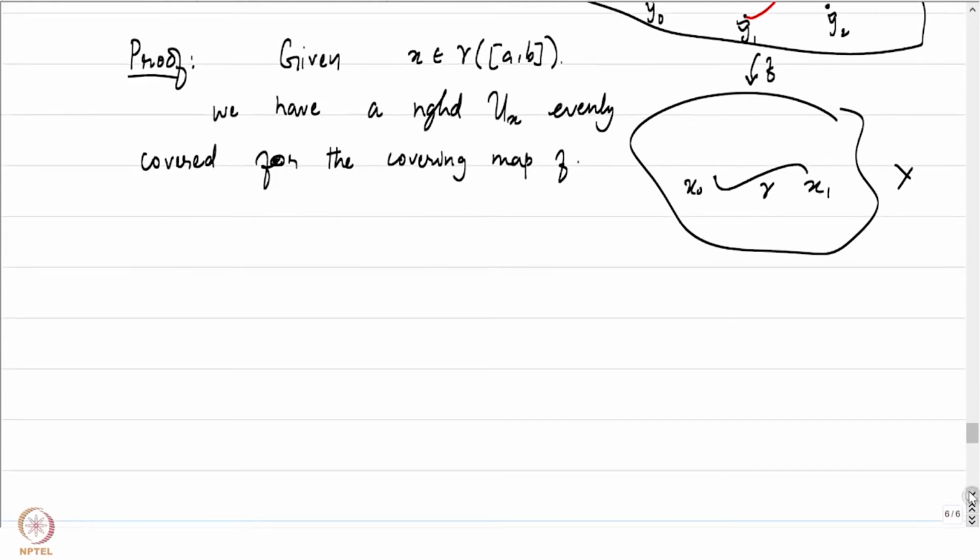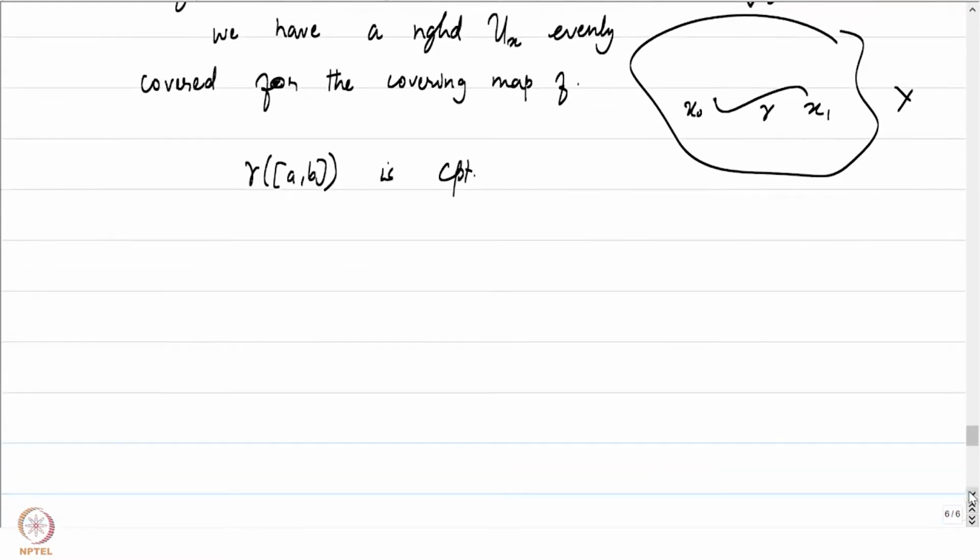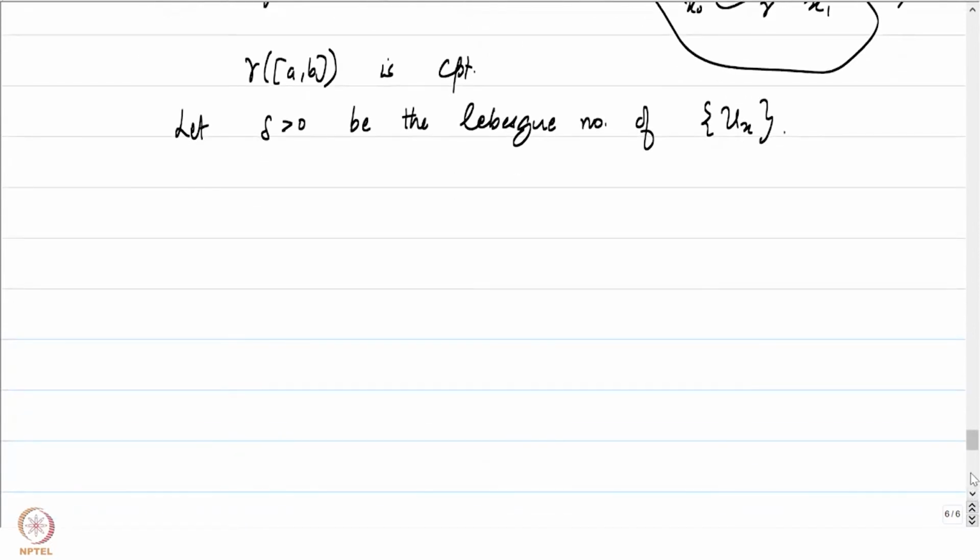Now, take the Lebesgue number corresponding to this cover. Notice that gamma of [a,b] is compact because it's the image of a compact set under a continuous function gamma, and therefore let delta be the Lebesgue number of the collection of U_x, where x is ranging over all points on the image of gamma.